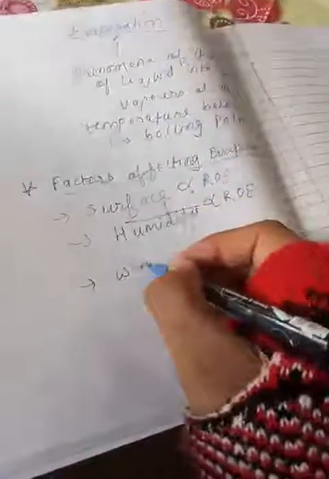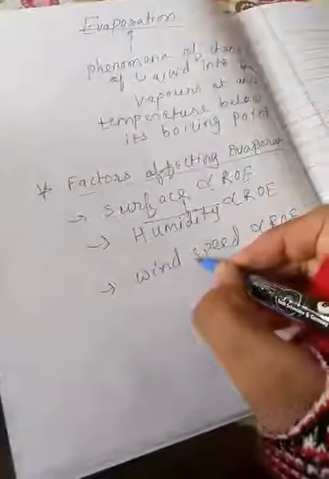Third one is the wind speed. Wind speed is directly proportional to the rate of evaporation. As the wind speed increases, the rate of evaporation increases, and when the wind speed decreases, the rate of evaporation decreases.